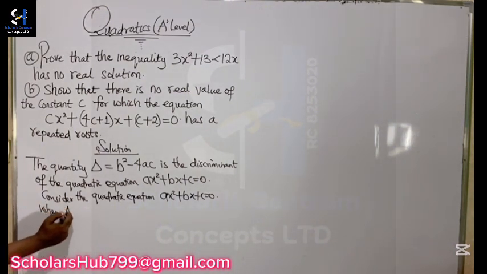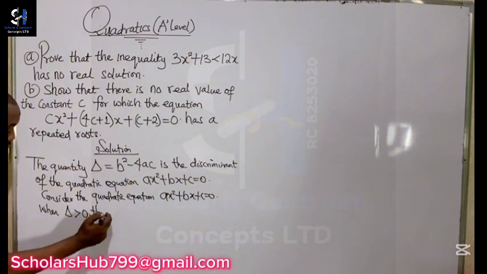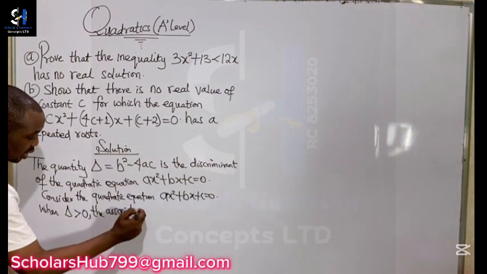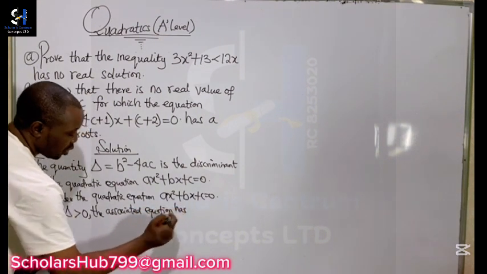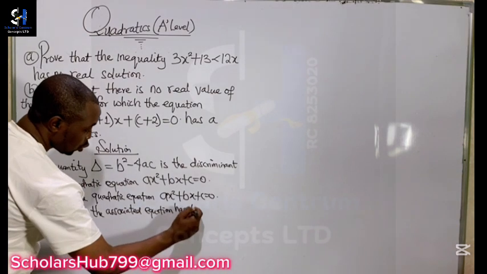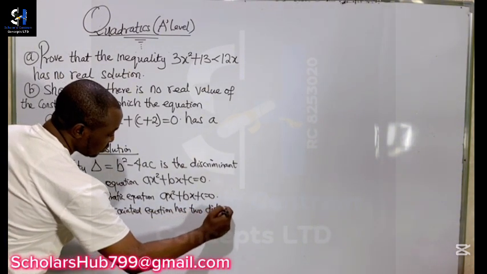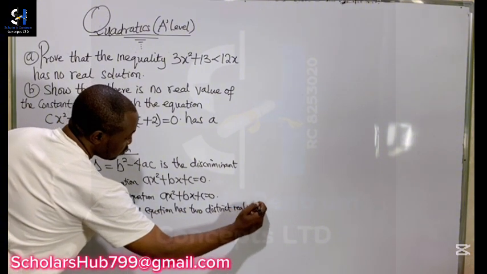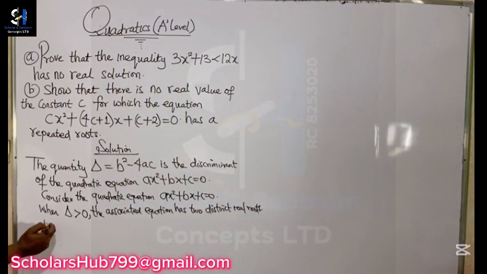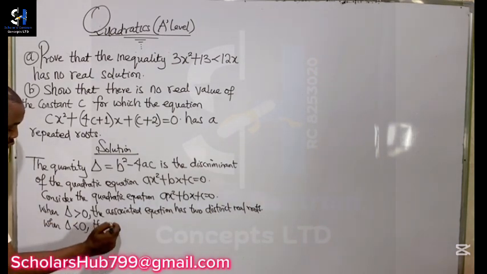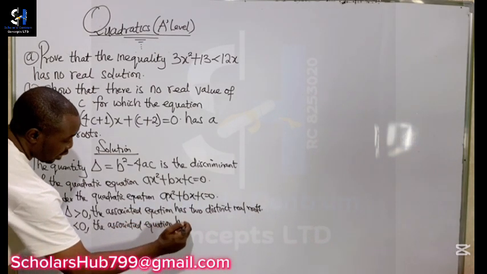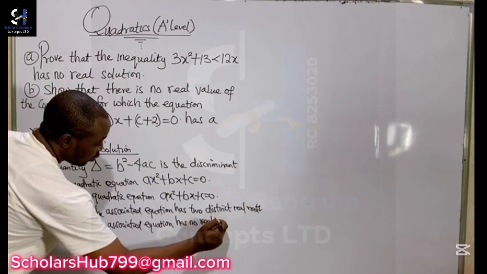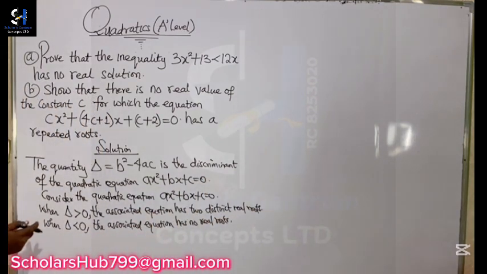When the discriminant is greater than 0, the associated equation has two distinct real roots. But when the discriminant is less than 0, the associated quadratic equation has no real roots.